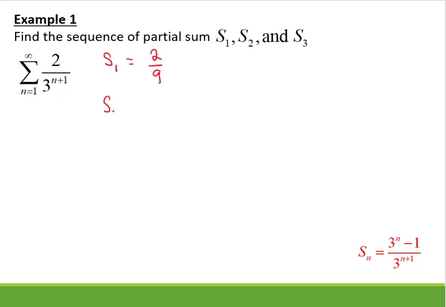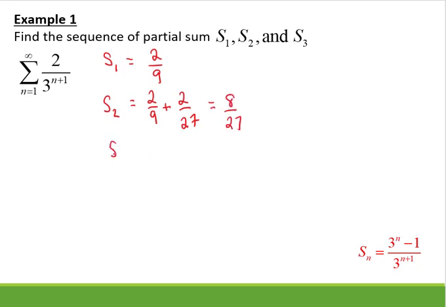My second partial sum is I take my first term and add it to the second term, so that's going to be 2/9 plus 2 over 27, and you get 8 over 27.